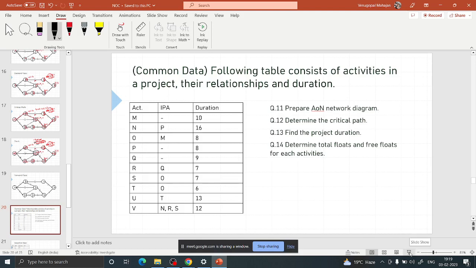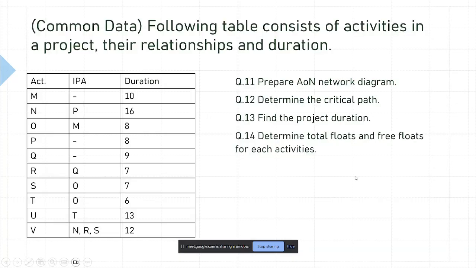Okay, so we will move on to activity on node diagram. Similar kind of question with these activities, their predecessors and durations. We already discussed that. Okay, activity on node. What is the representation? I forgot to draw it here. Can you tell me what the representation is?